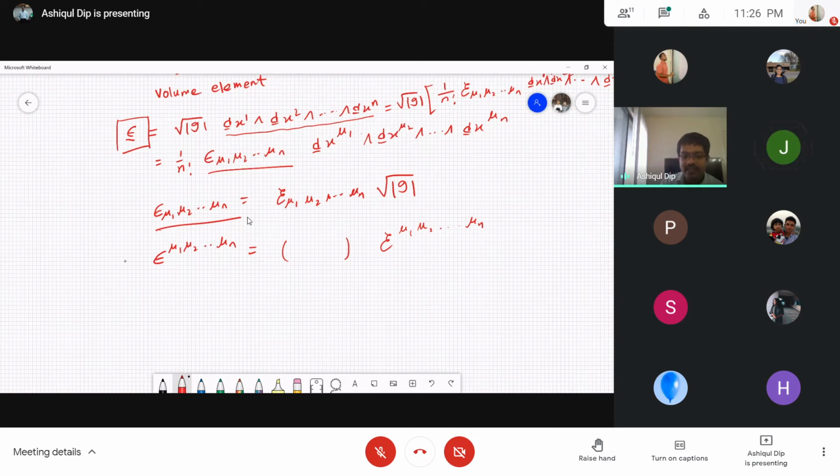So this uppering of epsilon, as it is a component of a tensor, we can apply this: g mu1 g mu2 up to g mu n times epsilon with lower indices mu1 mu2 up to mu n, right?